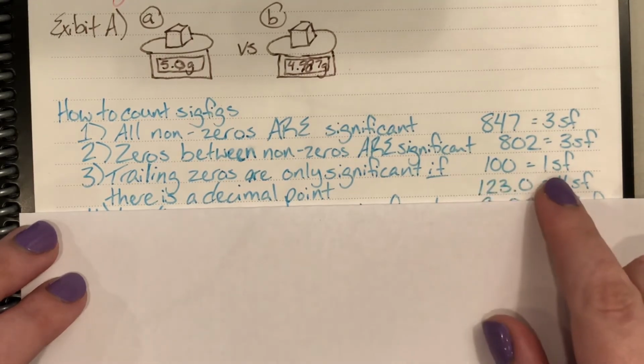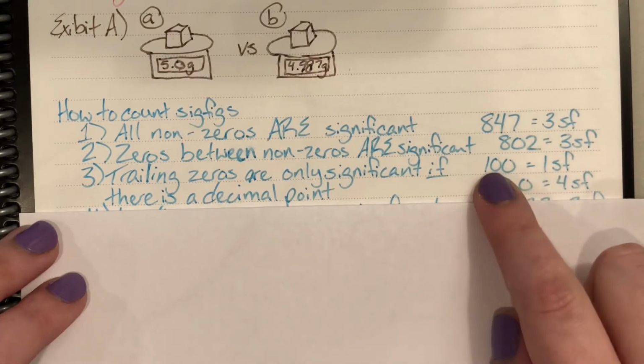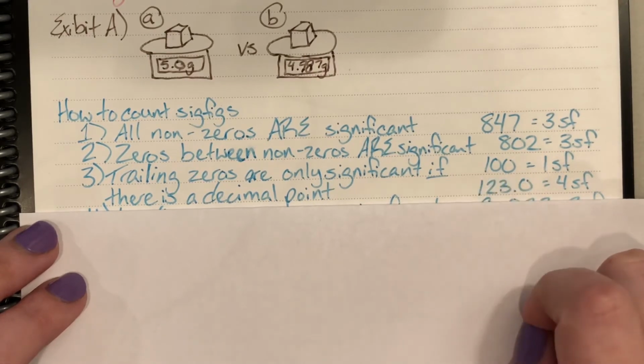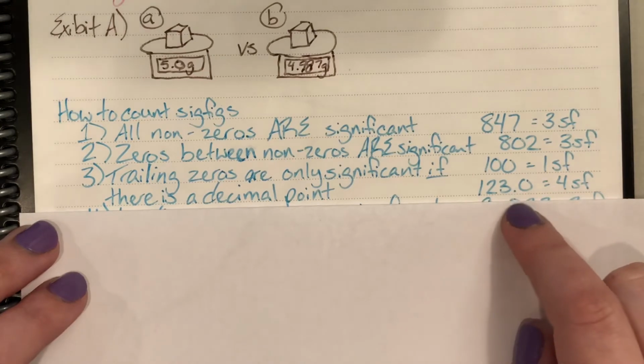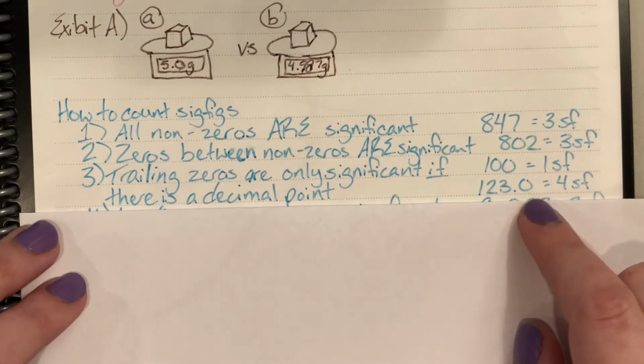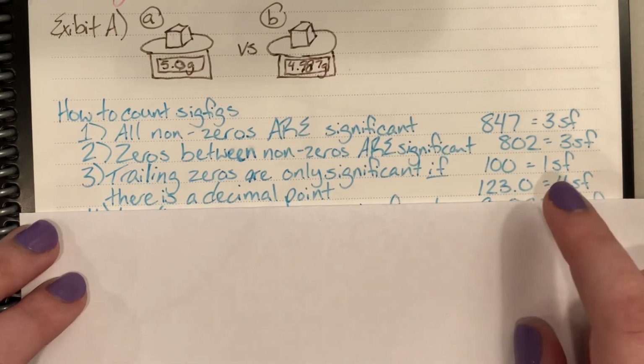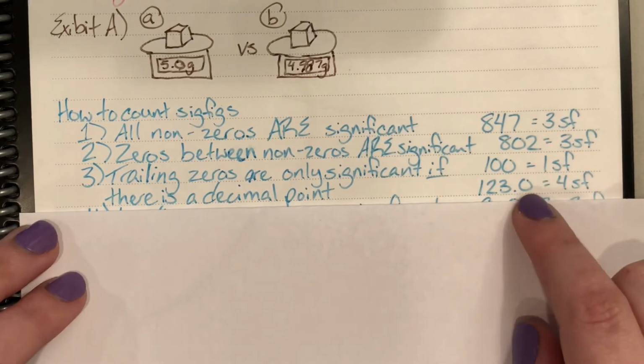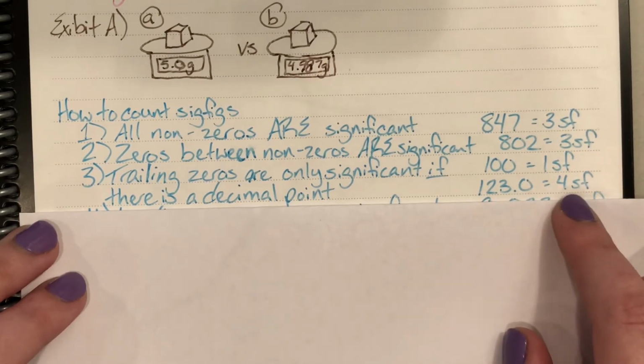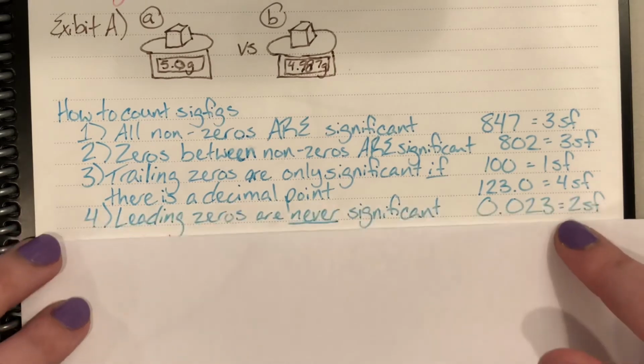So I only have 1 significant figure since I only have 1 non-zero. 123.0, however, since I have that decimal, tells me that this 0 is actually a number I am certain of, so I get to count all of the numbers as significant. So 123.0 has 4 significant figures.